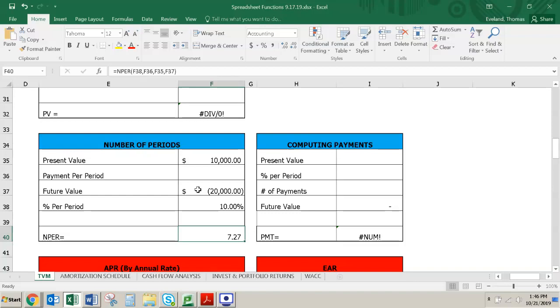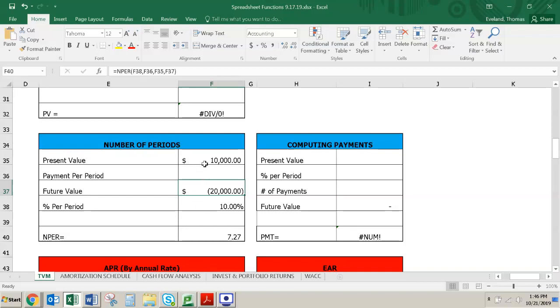But Microsoft Excel, when using these functions, looks at future values as a potential cash outflow. So what we're really telling Excel is we have $10,000 now. In a certain number of years, we want to withdraw $20,000.